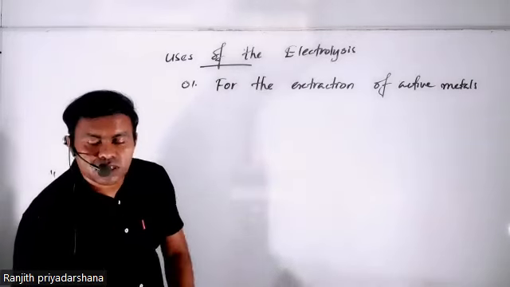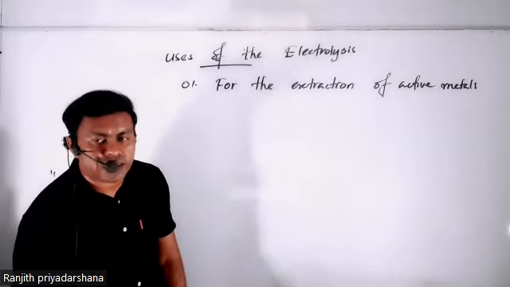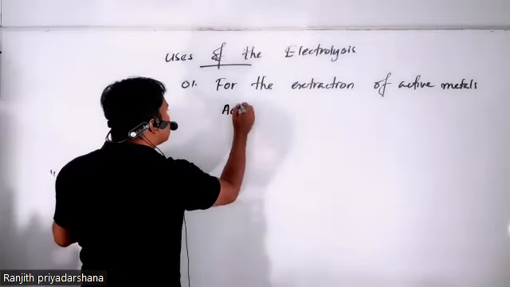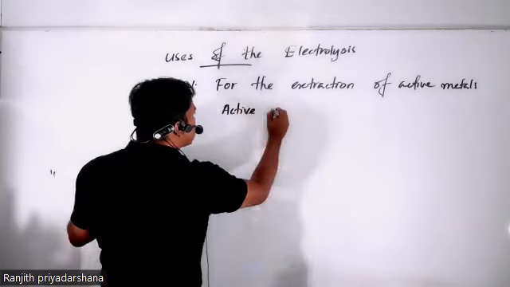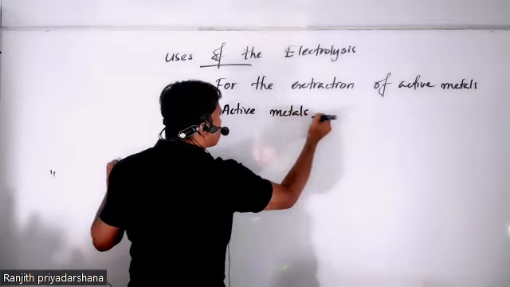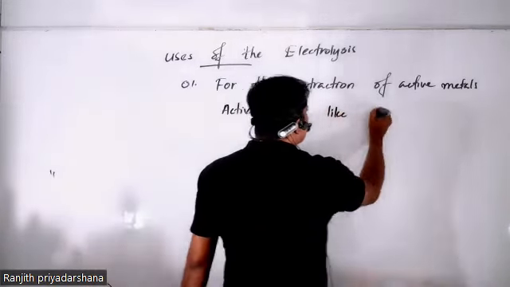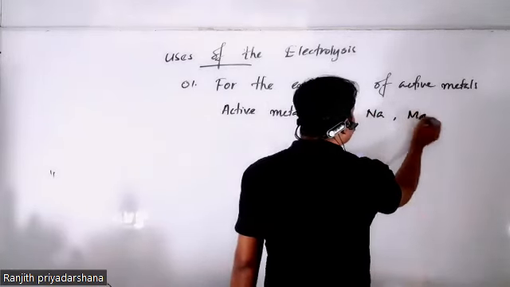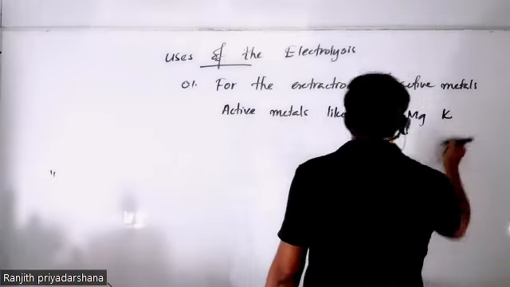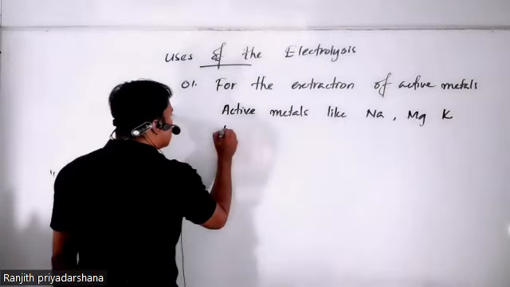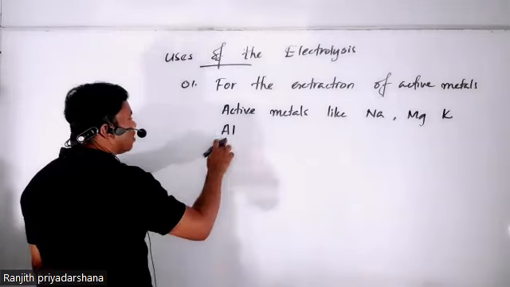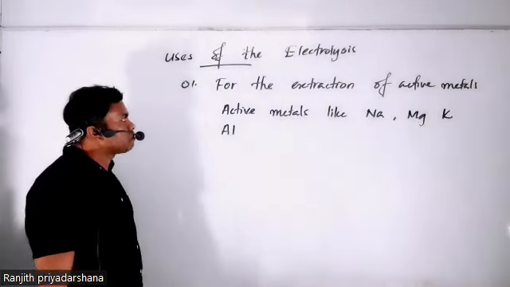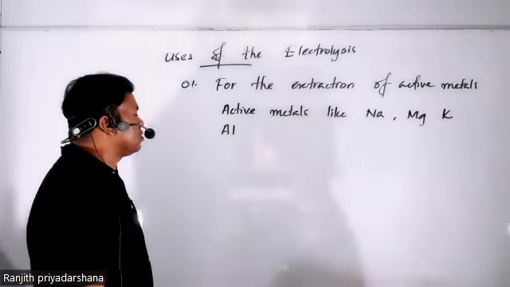Okay, so what does it mean by the extraction of active metals? Active metals like sodium, magnesium, potassium, aluminium. So this is moderately reactive. It is also extracted by the electrolysis.